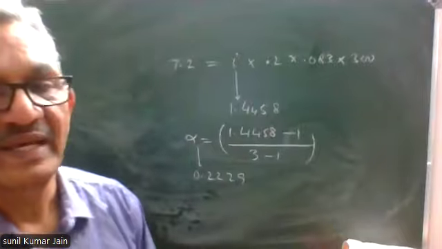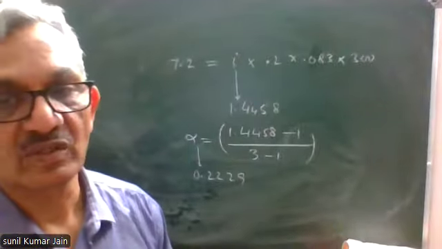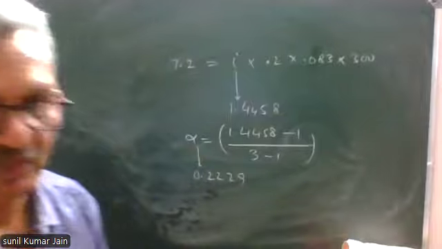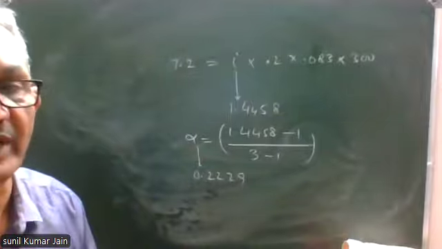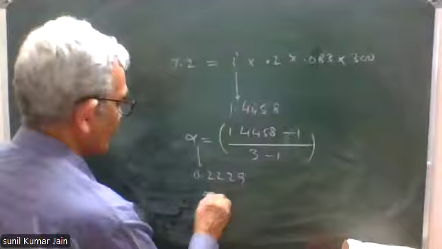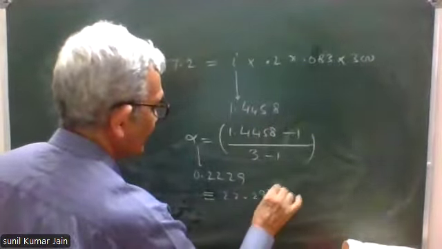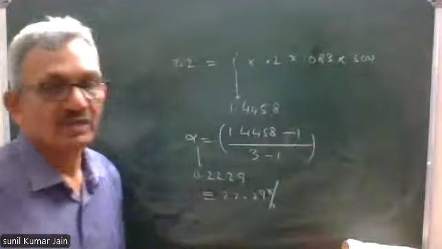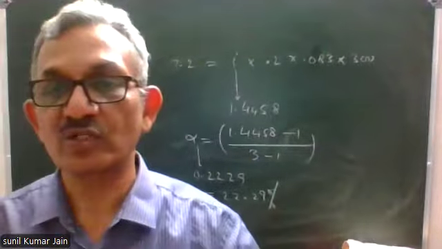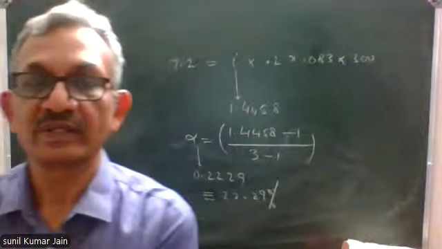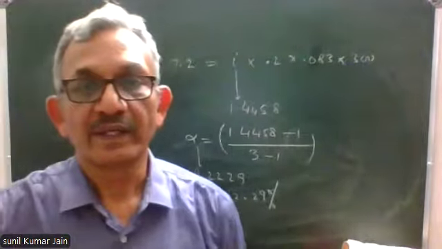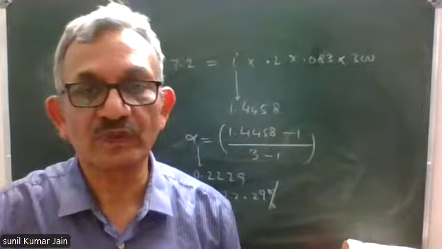Also remember, alpha will always be less than 1 because, by definition, it is a fraction. So 22.29%. So the degree of dissociation is 22.29%. Now, almost towards the end.